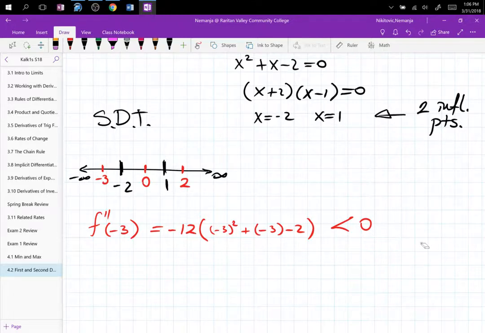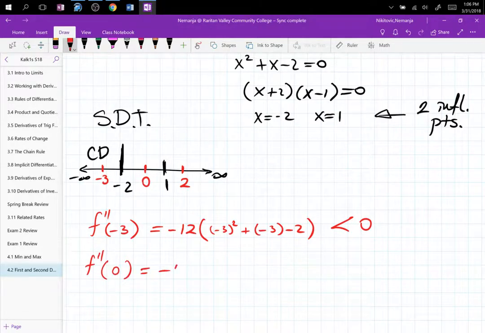But there's nothing wrong with actually using a calculator or whatever to compute the whole thing. And when you get -48, you will still have the same conclusion as me. So we have a concave down on the first part. Now we go f double prime of 0. That's again a -12 times -2, because zeros kill the rest. That's positive. So concave up.